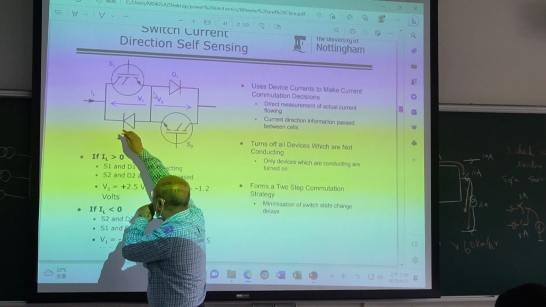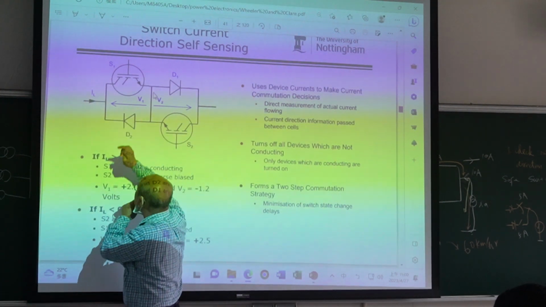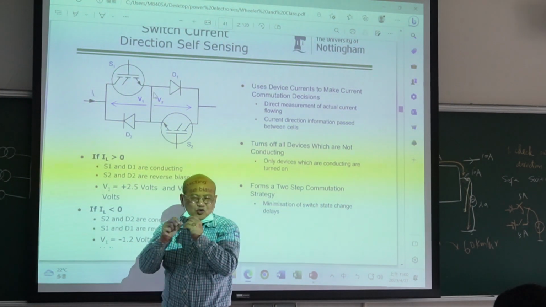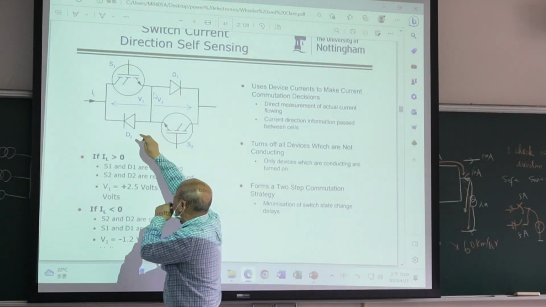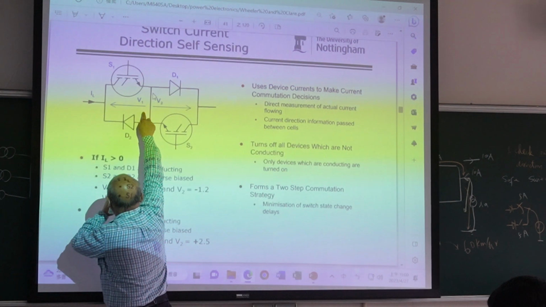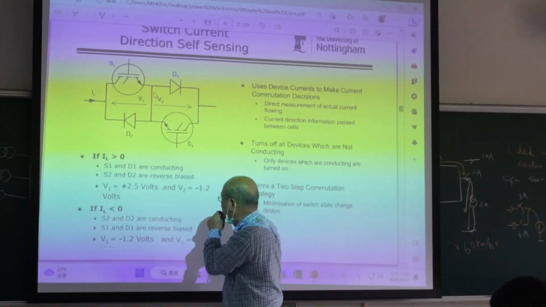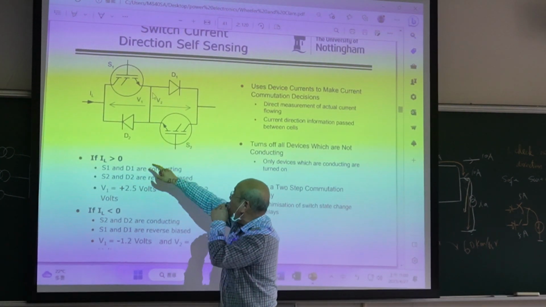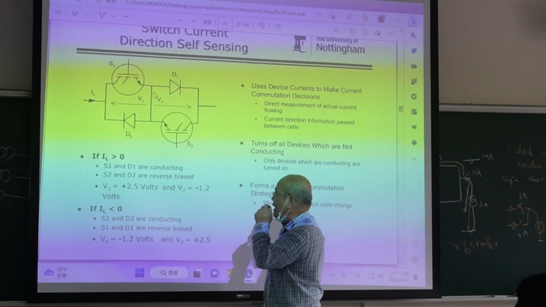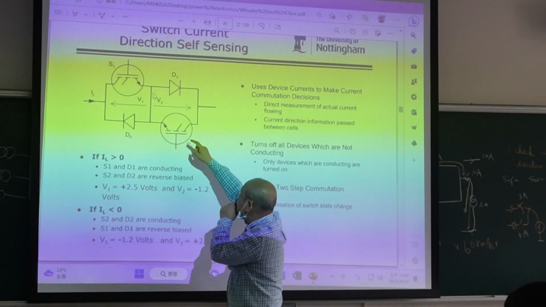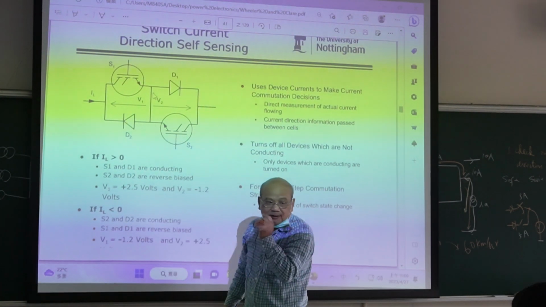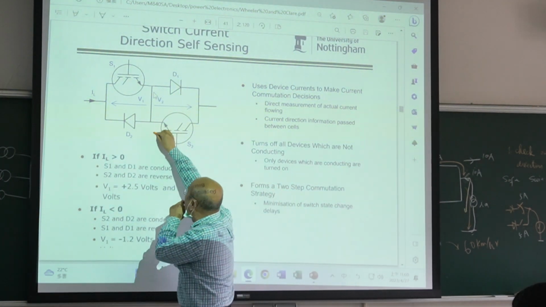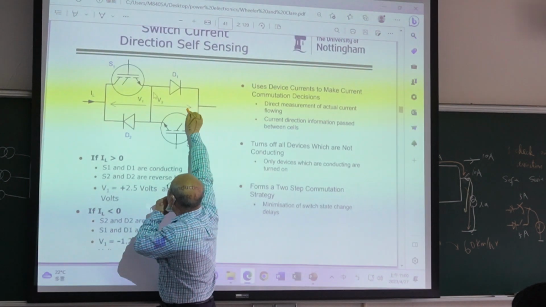If I go this way, what is the IGBT? Drop 2.5. So if I measure the voltage drop, I found it is 2.5 for S1, and it is 1.2 for the diode. But this is ground. This is the diode, plus minus.